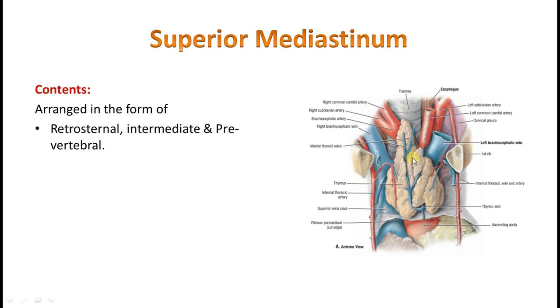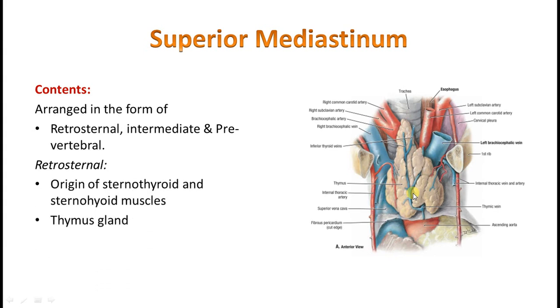Now, in the retrosternal part, immediately behind the sternum, you have two muscles originating from the manubrium sterni, the sternothyroid and the sternohyoid. Immediately behind that you see the thymus gland. It is a roughly bilobed gland, most active in fetal life, and slowly after the first year of age it is replaced by fatty tissue.